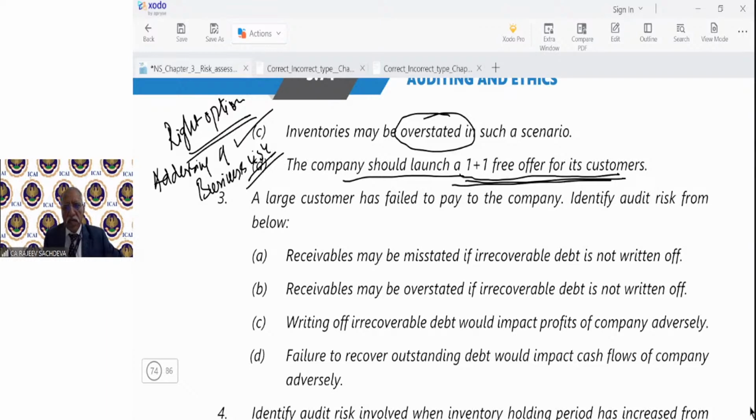So students, my advice to all of you, while you study auditing, keep a good dictionary with you, Oxford dictionary or Webster's dictionary. Do not Google the words. Do not see from Google.